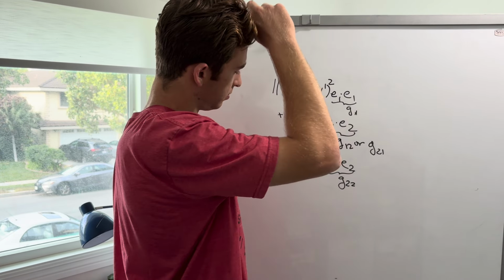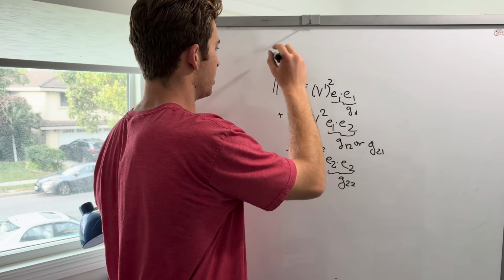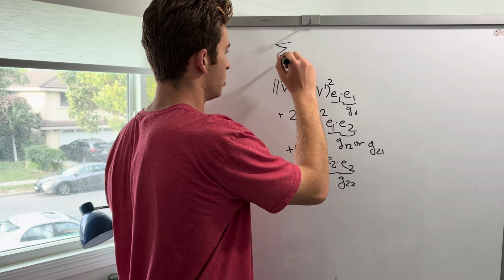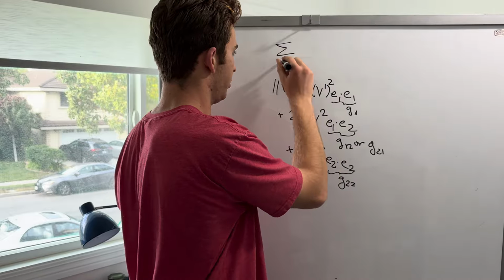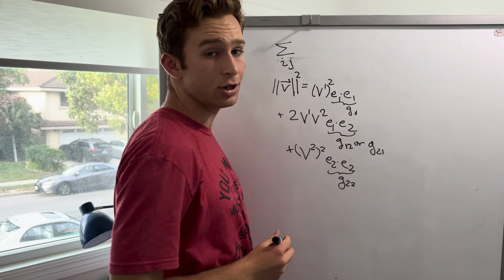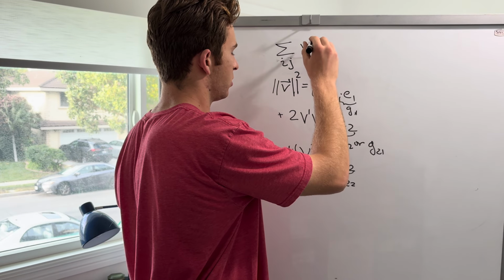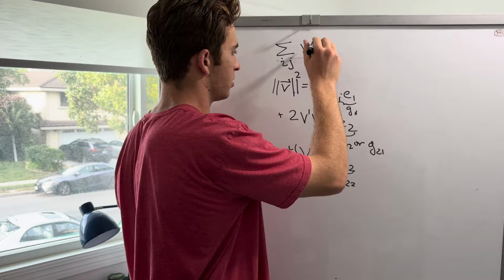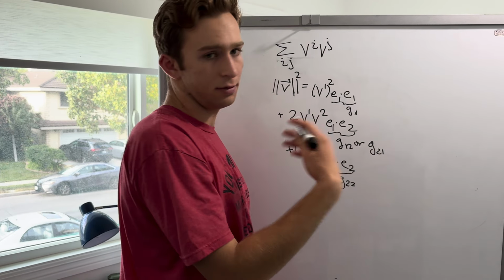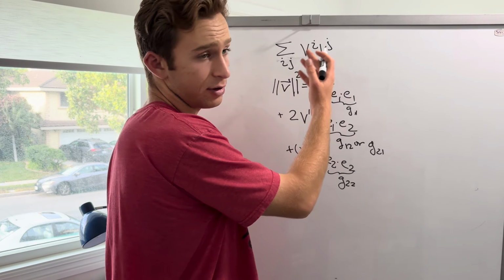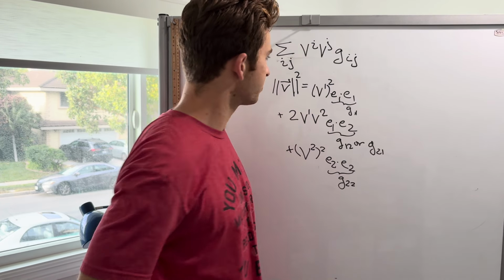And so you could call this the sum over i, j of v superscript i, v superscript j times g ij.